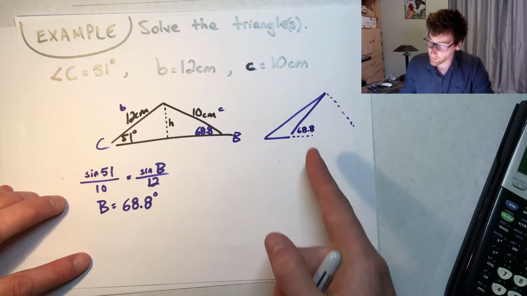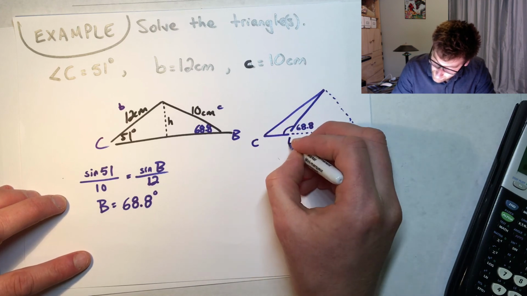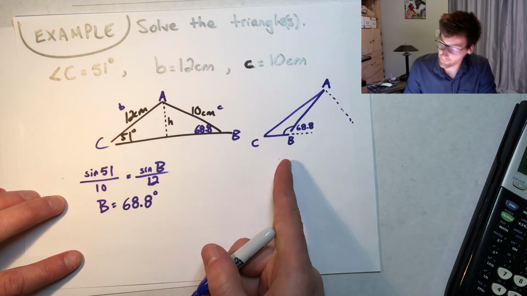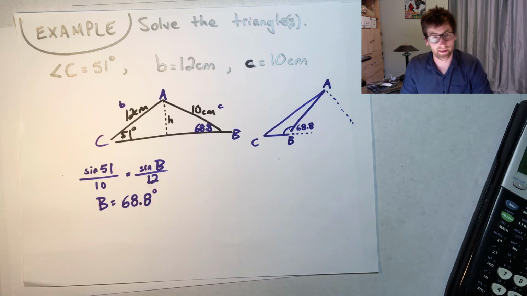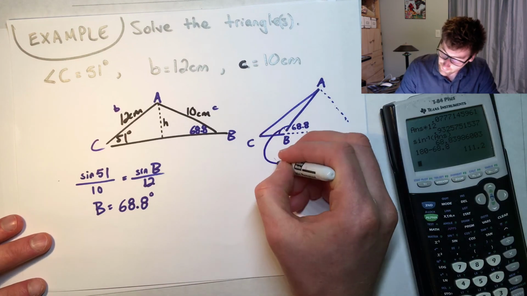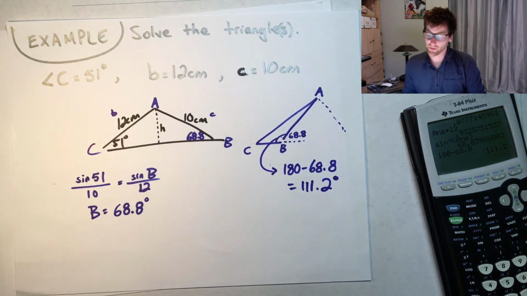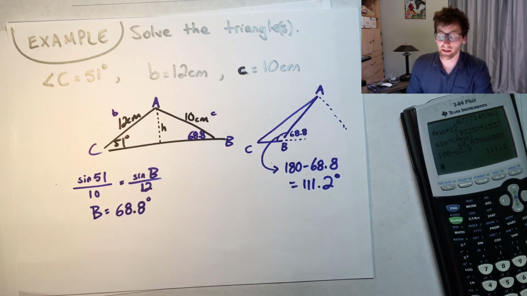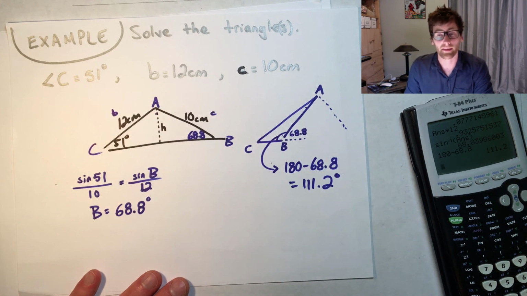Now we have to find out what this is. This is C, this is B, and this is A. So we have to solve what that is. How are we going to do it? 180 minus 68.8. So we have one triangle here, and then we have our second triangle there. Again, we could solve for A like so.